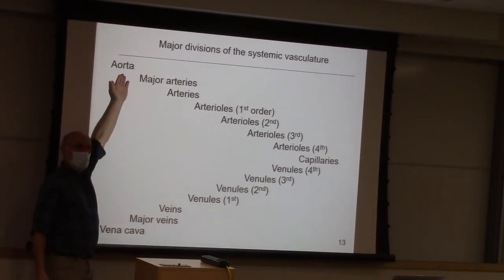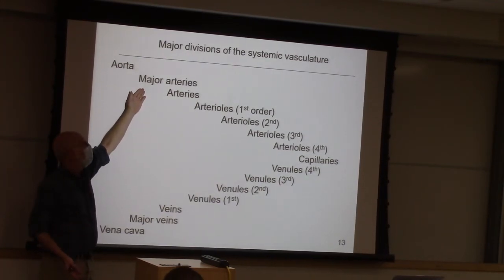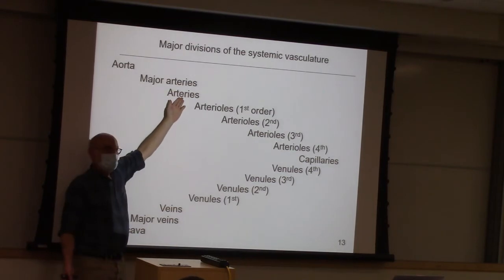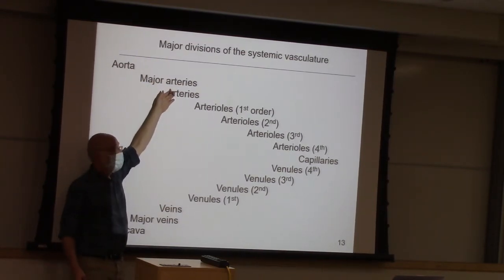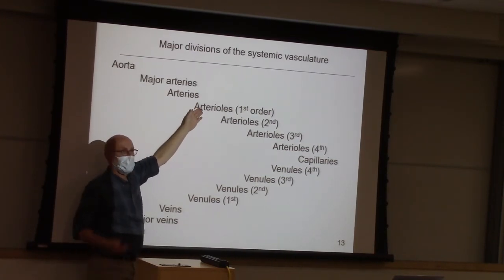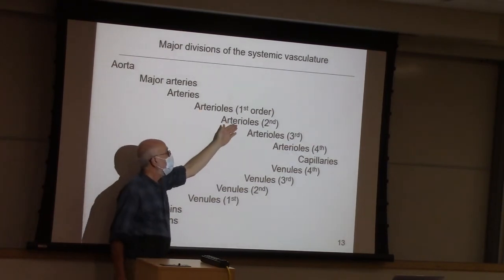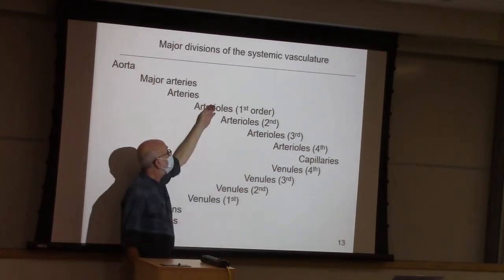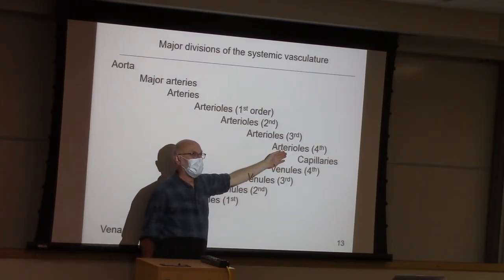Major arteries that you are learning the names of and will be on the quiz. More major arteries. We can just lump these together. But eventually these major arteries divide into smaller arteries that are called arterioles. And they divide and they divide and they divide. These are small to microscopic, and they don't have names.